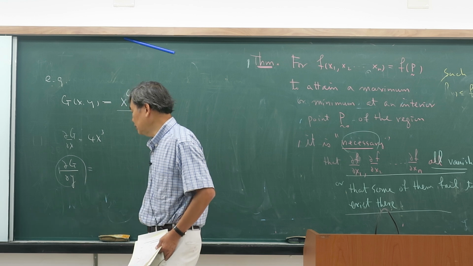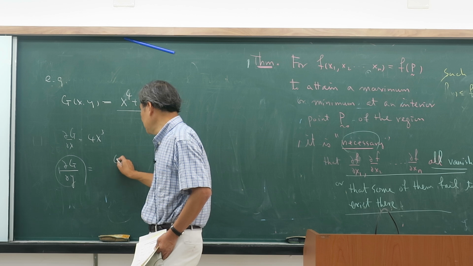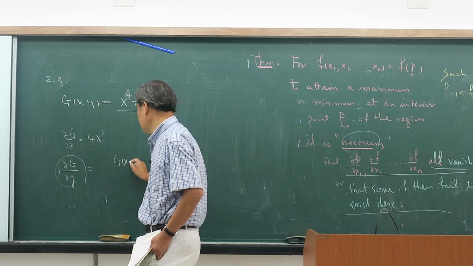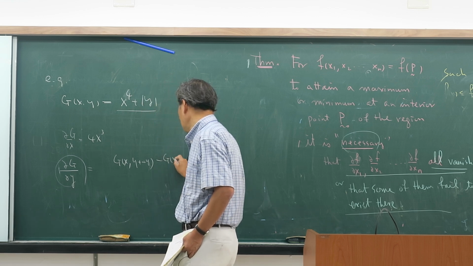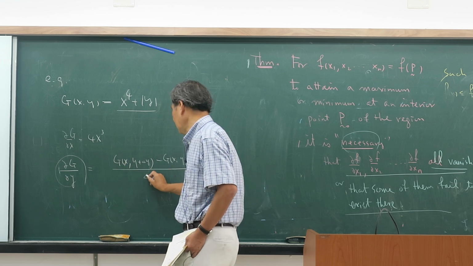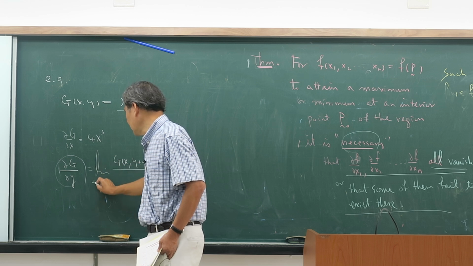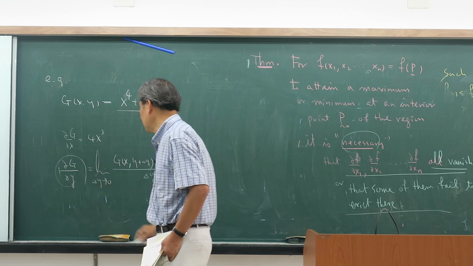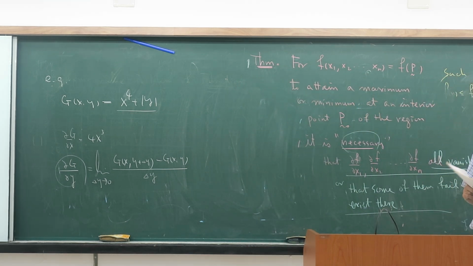Can you tell me the partial derivative? g(x, y plus delta y) minus g(x,y), divided by delta y, as the limit of delta y goes to 0. This is the definition of the derivative with respect to y.